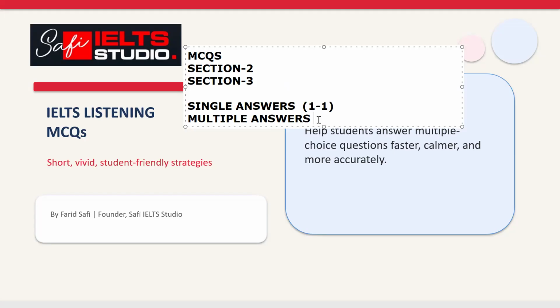But multiple answer MCQs means one question with multiple answers, which can be 2 or even 3 answers. And you may expect both. As I said earlier, you will find your MCQs in both Section 2 and Section 3.